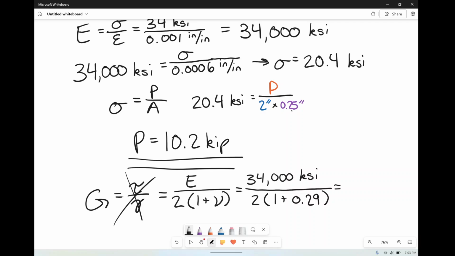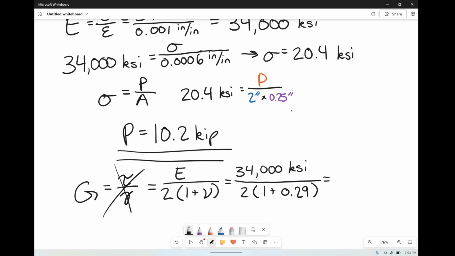So we're going to find that the modulus of rigidity is going to be, I'm going to round here a little bit to 3 significant figures, 13,200 KSI.